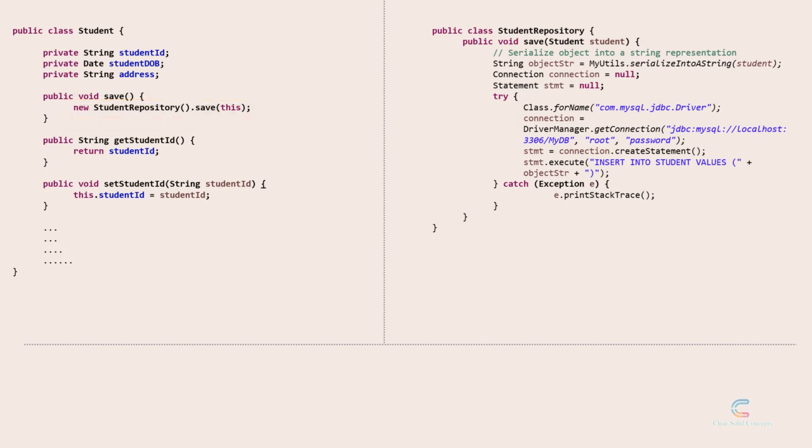By doing so, we have removed the tight coupling and made it loose. So now if we change the underlying database, the Student class does not need to get changed and recompiled. You only need to change the Repository class.